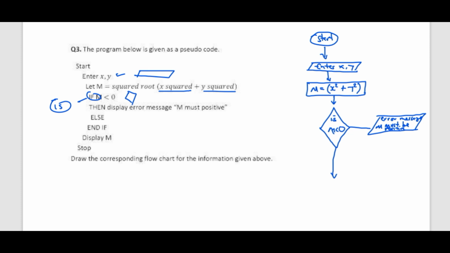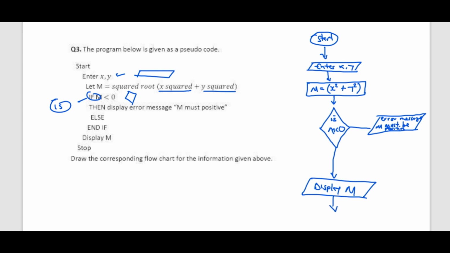And then from there we have, okay, so we would say here they haven't said re-enter, so we will not re-enter this error message which was displayed here. So we're going to move, so else and if. And then we're going to display M. So the symbol for displaying is this, which is display M. And then from there we have to do what?